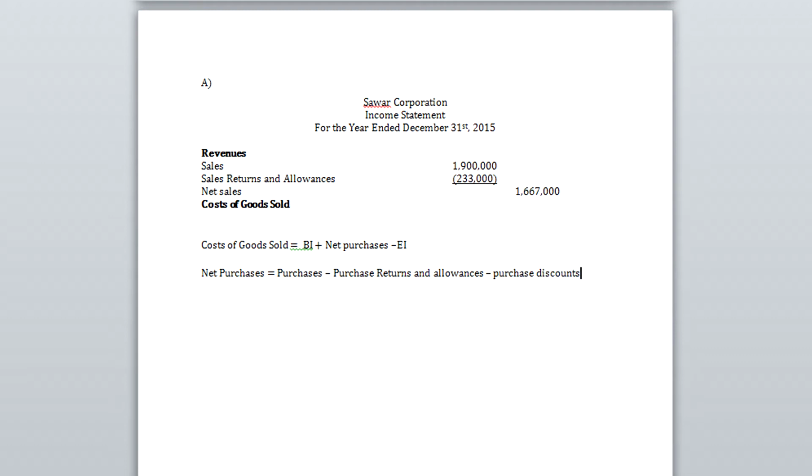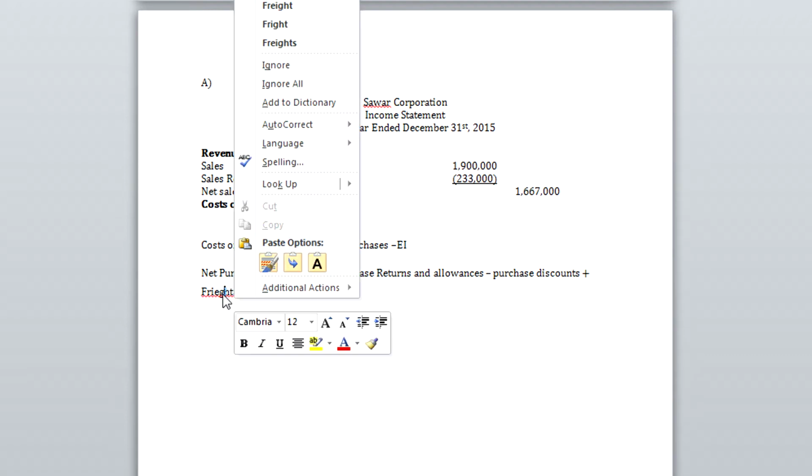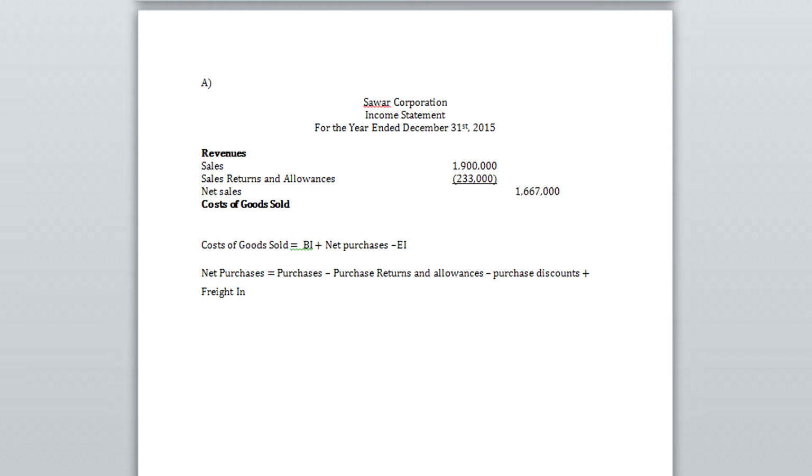Okay? But there's also one other little twist here with net purchases, and we actually add in this thing called freight in. Freight in is added to this calculation here. A lot of people don't know this, and they don't come across it, but it actually does sneak its way in, and that's one way that net purchases is calculated slightly differently than net sales.